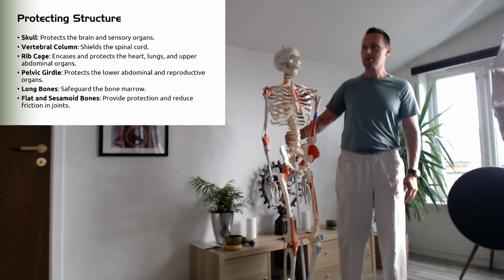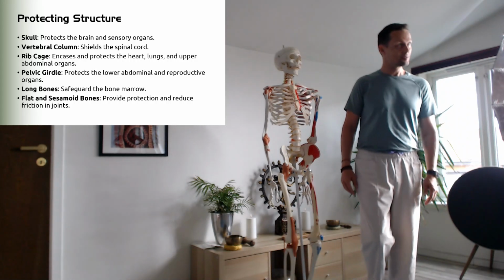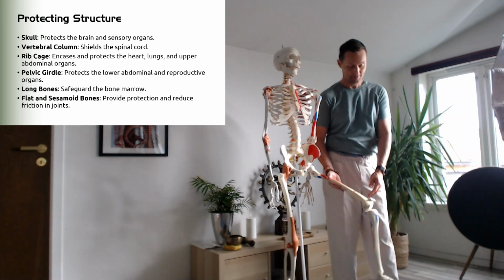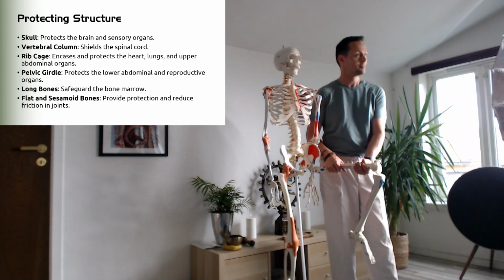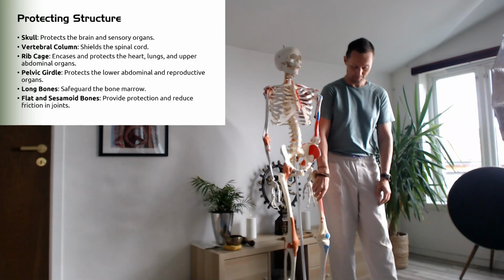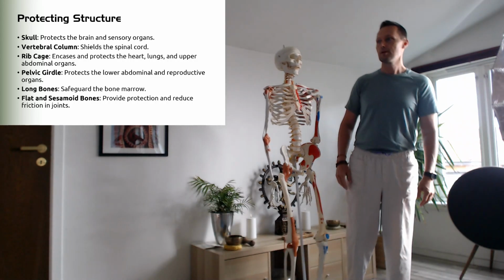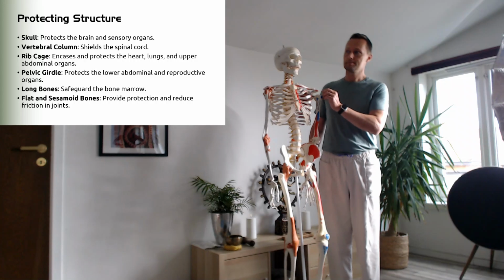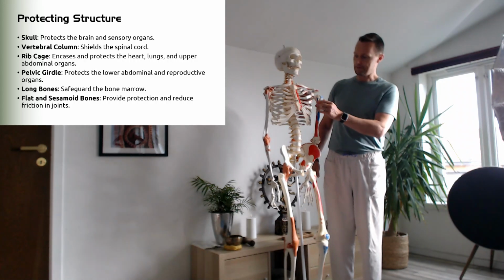All right, long bones. This is the bone marrow, as you said. This one protects the bone marrow, which produces blood cells. And we have some flat bones.